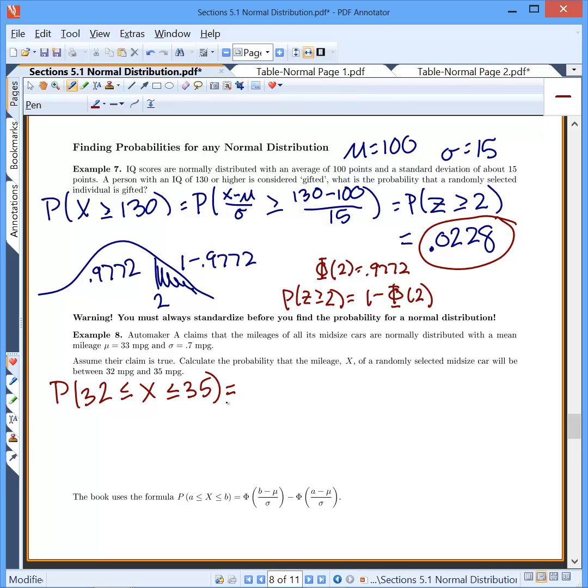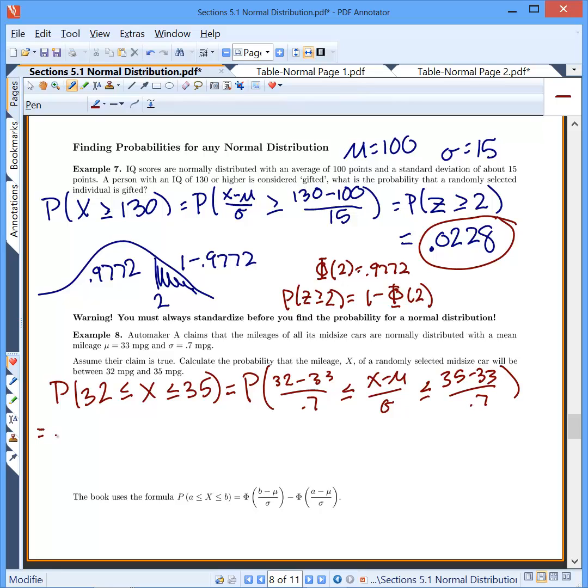So if I want to do this problem, I have to standardize both values. So I'm going to do 32 minus my mean of 33 over 0.7 less than or equal to, it's again x minus the mean over the standard deviation less than or equal to 35 minus 33 over 0.7.